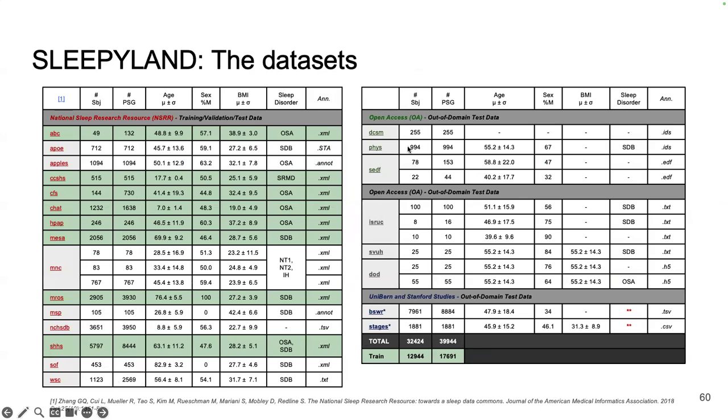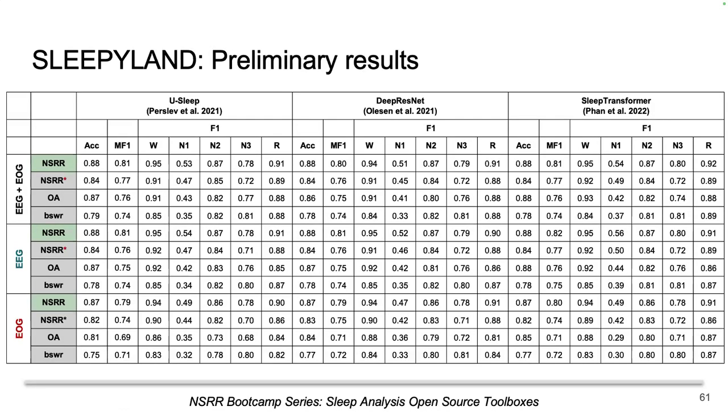Then I also report some metrics for each model that we are exposing on the open access datasets, and this one, the BSWR, which is our heterogeneous, at the moment private, dataset. Again, these are just preliminary results. You see, we are reporting for each model, uSleep, DeepResNet, Sleep Transformer, the metrics in terms of accuracy, macro F1 score, and F1 score for each class.